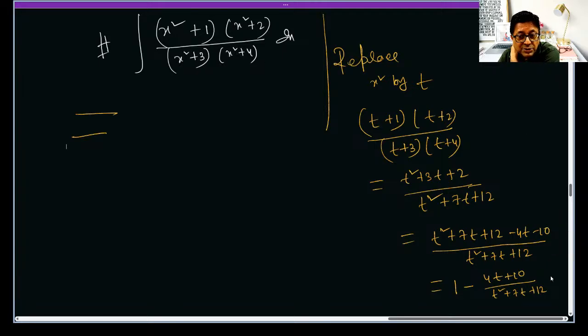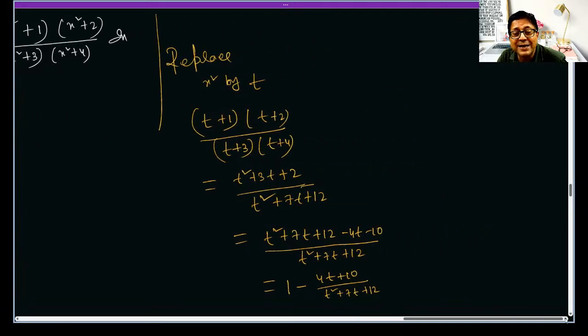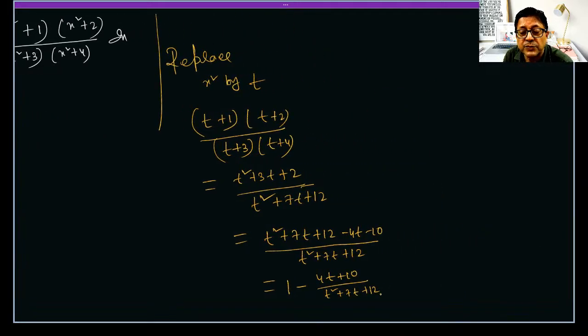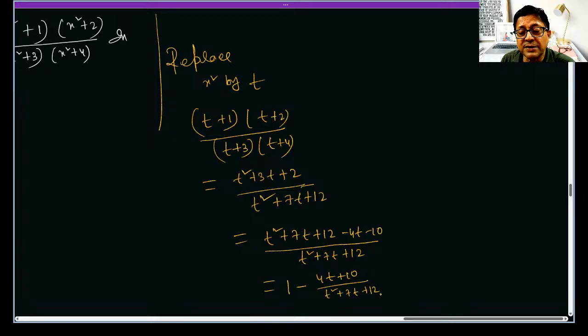No integration now, just know how to split this one into factors quickly. For this one you do partial fraction. Now you can replace there also, but I would like to do it there. 4t plus 10, the second part, this by t plus 3, t plus 4.